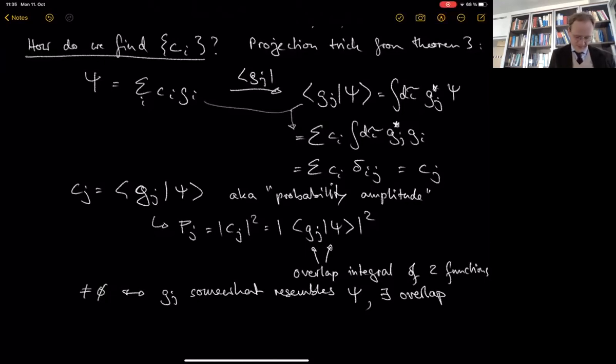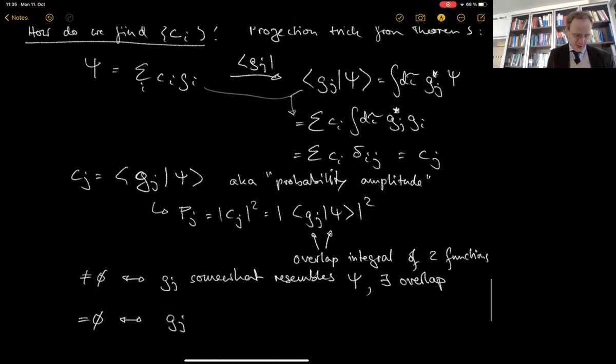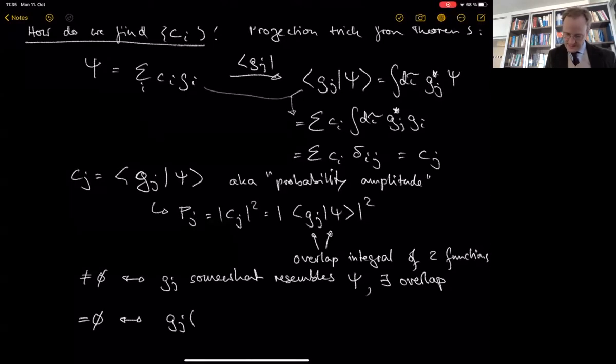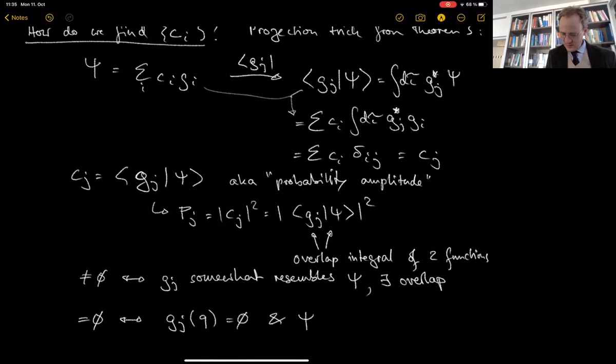If it's zero, then there are two possibilities. Either Gj at your variable q is 0, and at the same time your total state function at q is non-zero.